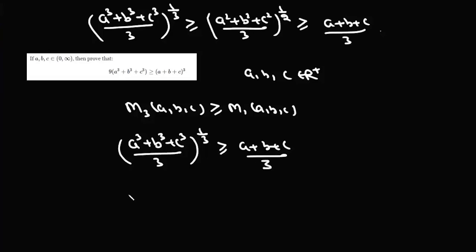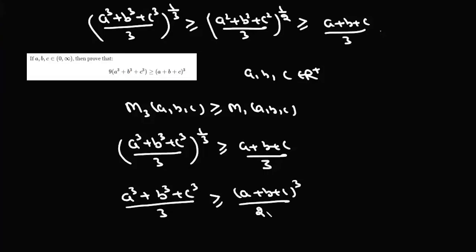Now if we take cube both sides, then we can write (a cube plus b cube plus c cube) upon 3 will be greater than or equal to (a plus b plus c) whole cube upon 27. Now we can cancel this 3 with 27, so it will be this 9. So if we rearrange, we can write 9 times (a cube plus b cube plus c cube) will be greater than or equal to (a plus b plus c) whole cube, which is what we need to prove in this question.